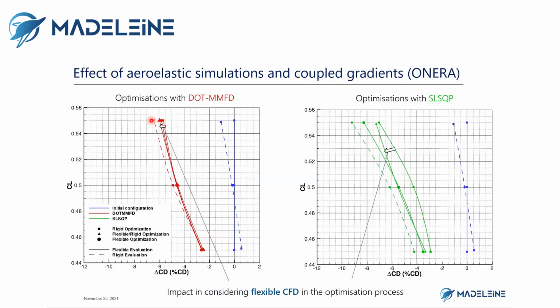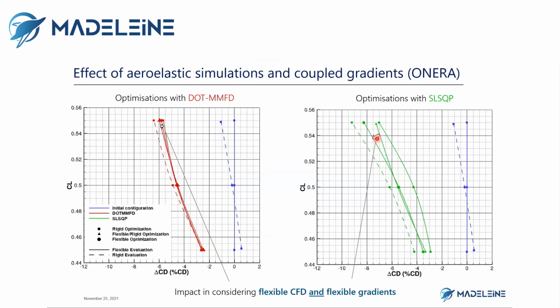Now, the first way to consider flexibility is with the hybrid approach, by updating the state by CFD CSM coupled computation, and here we get a slight improvement using MMFD, while the improvement is already better using SLSQP, which is normal because we have more flexible effect since the optimization with SLSQP is changing the center of lift on the wing and therefore the flexibility. And if you consider flexible CFD and flexible gradient, you get even better improvement.